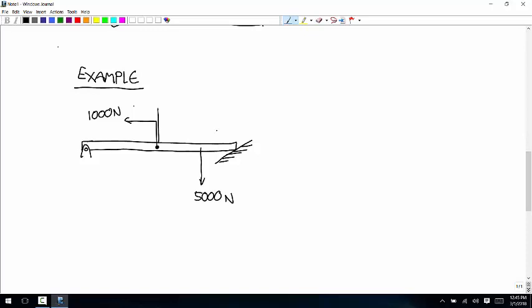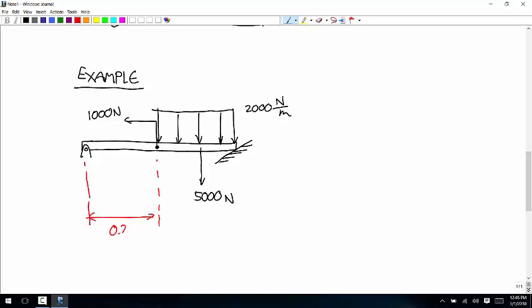And then on the second half, let's say there's a distributed load of 2,000 newtons per meter. Let's say this distance is 0.25 meters, and this distance is 0.25 meters.